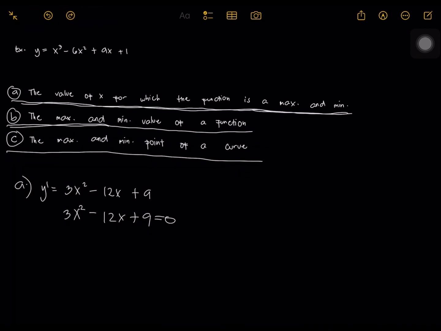We have a common factor of 3, so we divide both sides by 3. It's x squared minus 4x plus 3 equals 0. Factorizing, we have x minus 1 and x minus 3 equals 0. So x equals 1 and x equals 3.